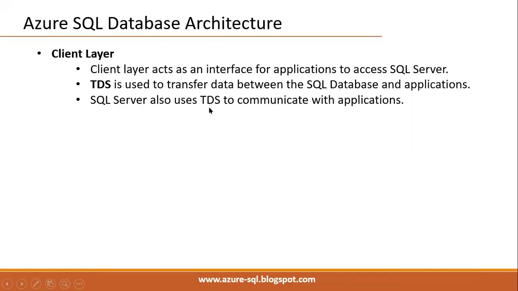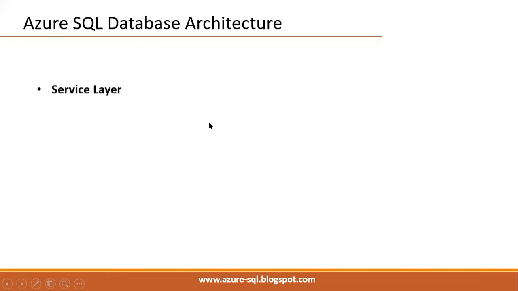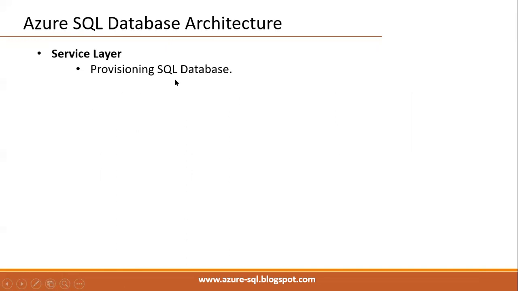SQL Server also uses TDS to communicate with applications. Okay, that is common. The service layer: we have seen provisioning the databases, creating the database, user authentication, and database validations here. Authentication is also done.